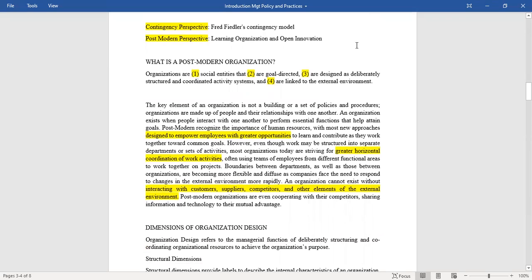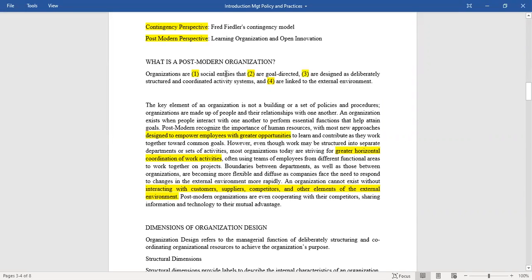Now, last time I was discussing what a postmodern organization is. For that, first you need to understand what an organization is. What are the four important aspects of an organization? If any entity fulfills them, then it is an organization. It has an entity of its own, it is registered, distinct from the entities of the owners or the employees.